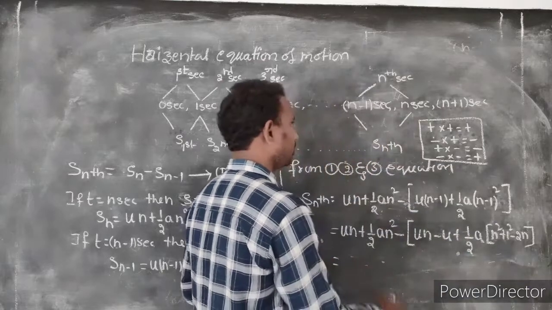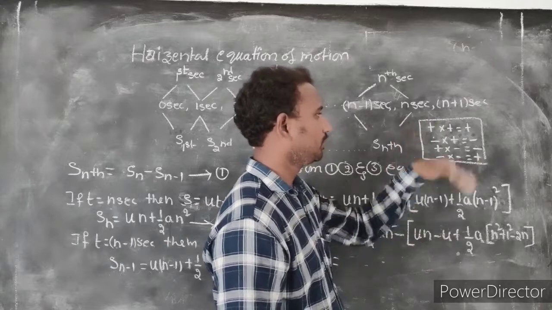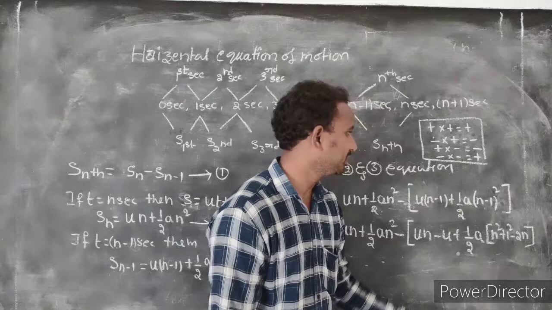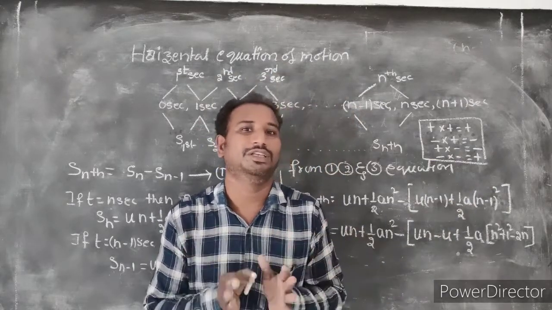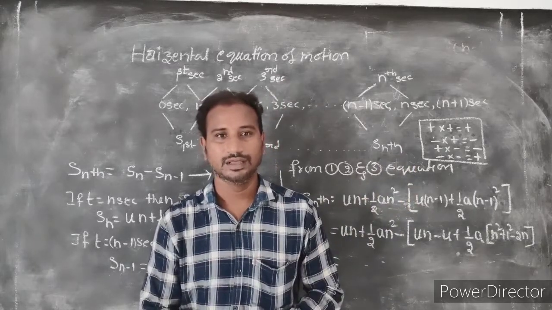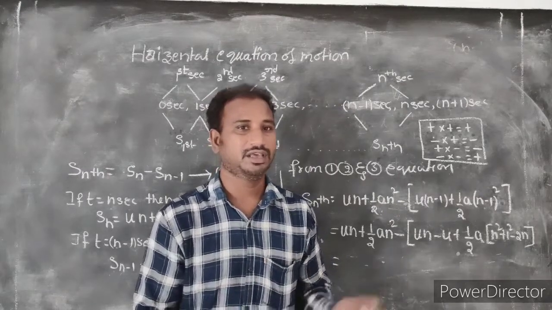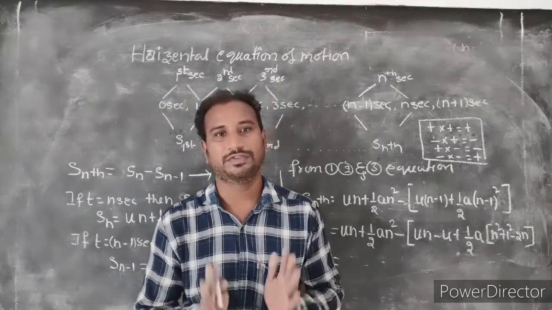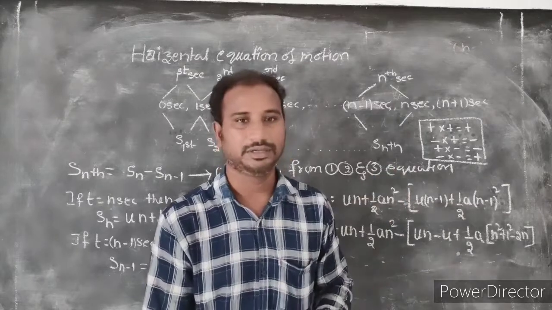Now we have to apply the basics: plus into plus equals plus, minus into plus equals minus, plus into minus equals minus, minus into minus equals plus. Some students are getting confused with these basics only. I saw in many examinations the students made mistakes with this multiplication. It's not difficult for the students, but they are confused with that multiplication.